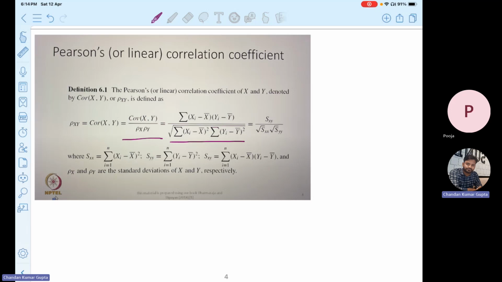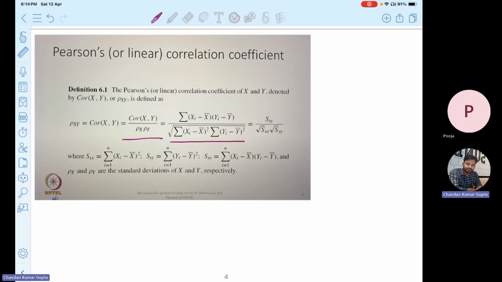It can also be written in another form: sxy divided by the square root of sxx times the square root of syy, where sxx is the summation over xi minus x bar whole squared. It is the same thing, so we can directly use either form.